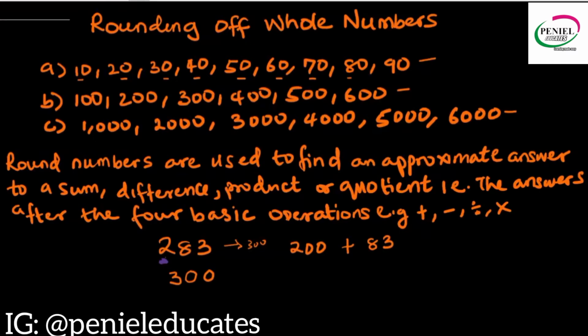This 200 has already been converted to the nearest 100, which is 200. For this particular 83, the nearest 100 is 100, because 83 is close to 100. So if you add 200 plus 100, it's going to give you 300.